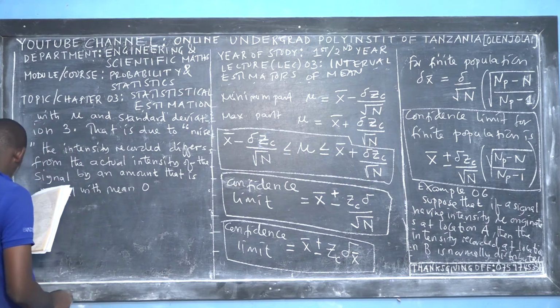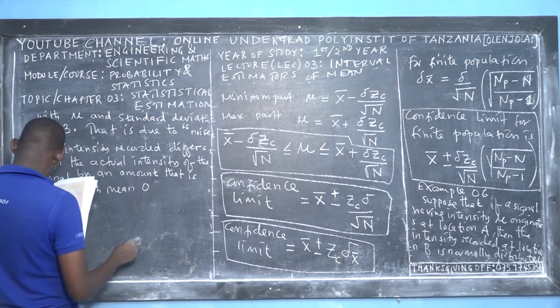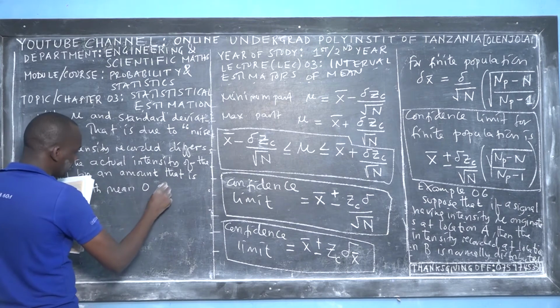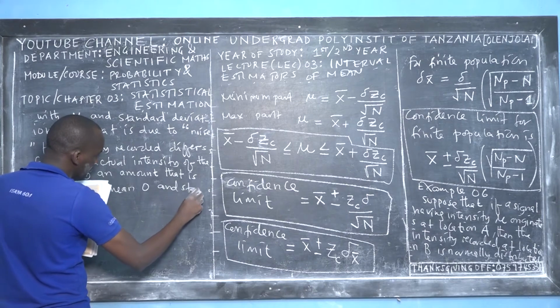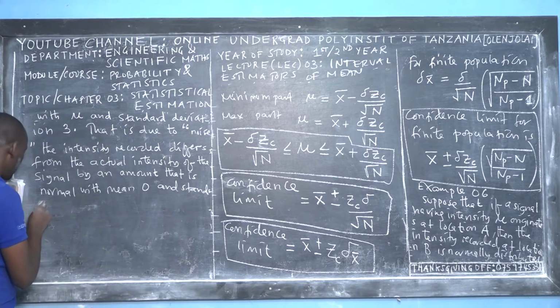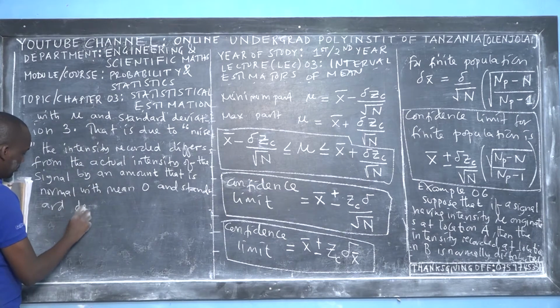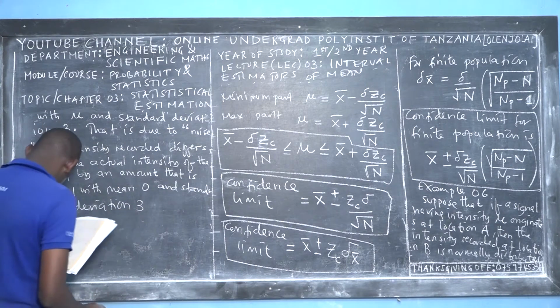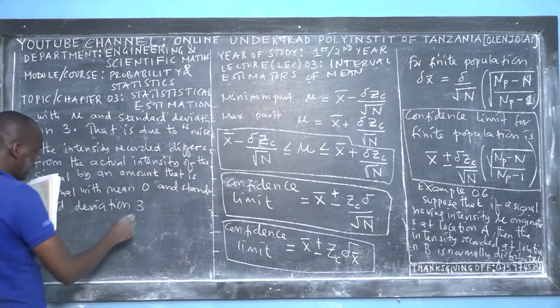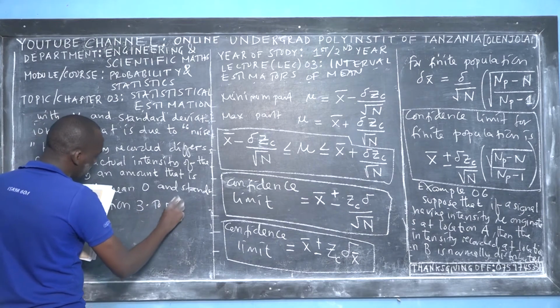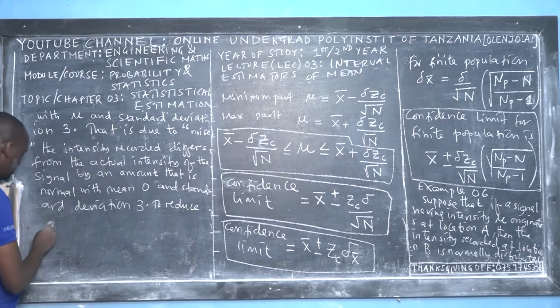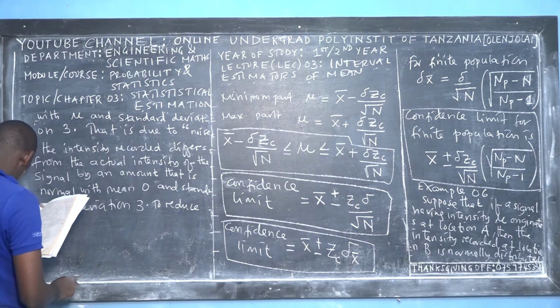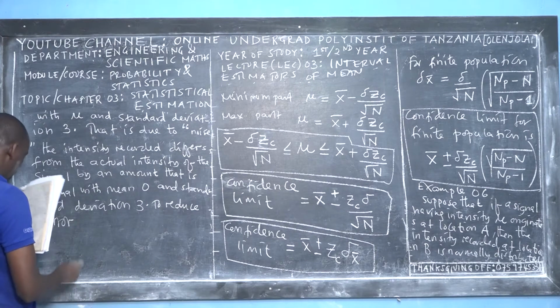Mean of 0 and standard deviation 3. And standard deviation of 3. Reduce error. Same signal.